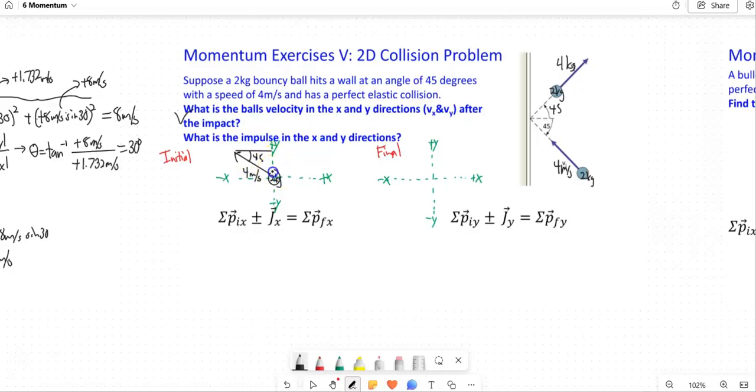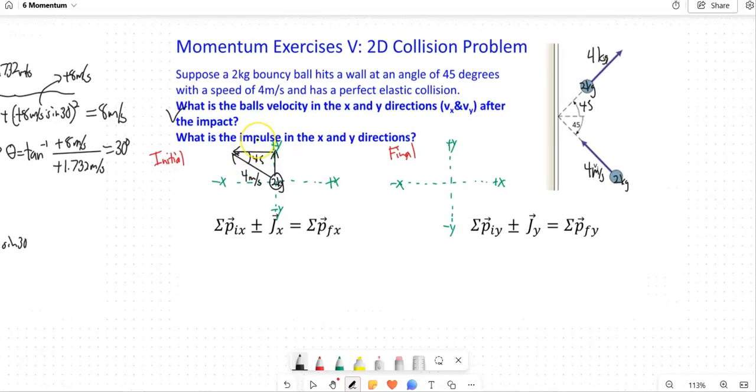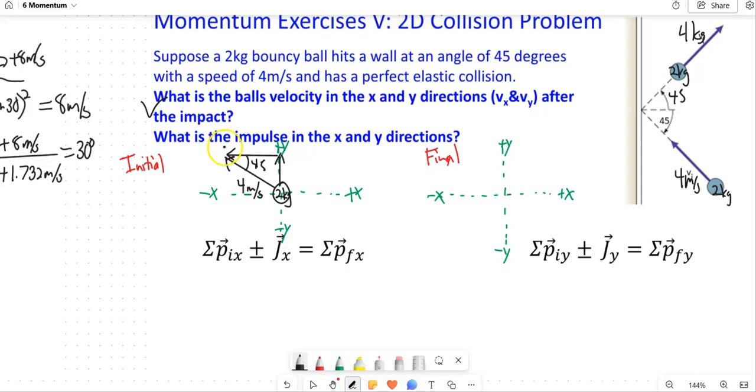Okay, that means its velocity, that's the resultant vector. It's a resultant of an up vector added to an x direction vector. So if we look at it, I'm going to zoom in a little bit. This is going to be to the left, 4 meters per second. You know what? I think I need a little bit of room.